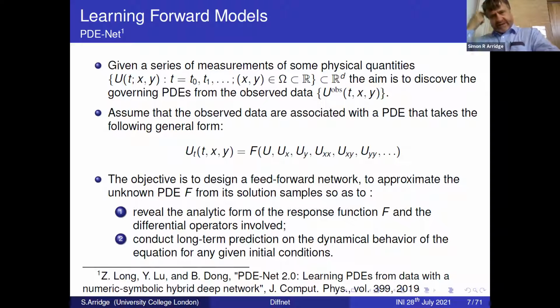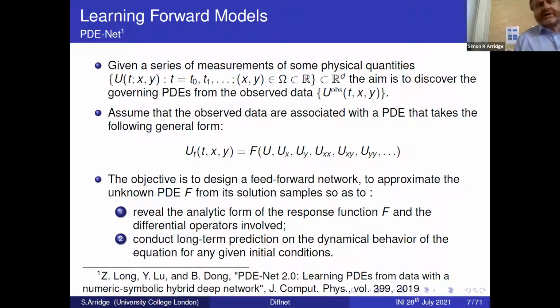A couple other things that are important to mention. So one of the interesting works in this area by a group of Dong in Beijing, PDE-Net, which looks at learning PDEs of a general form where the time derivative of a field depends on a function of the spatial derivative.